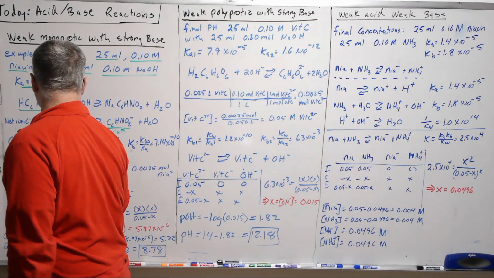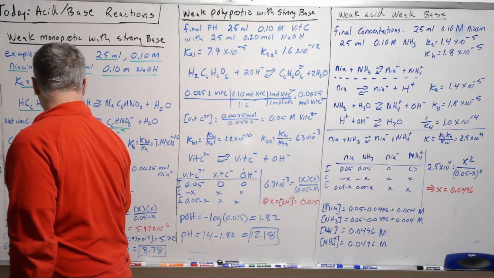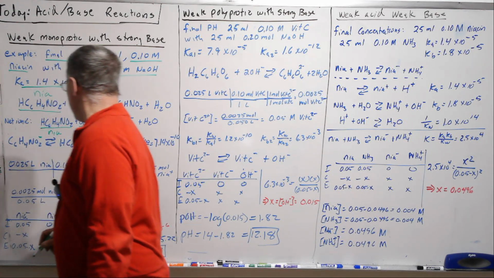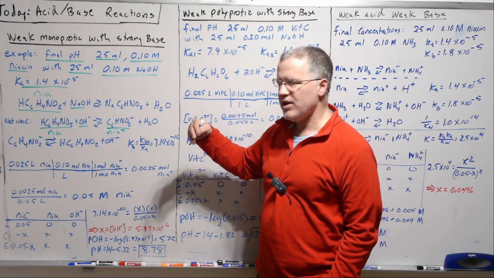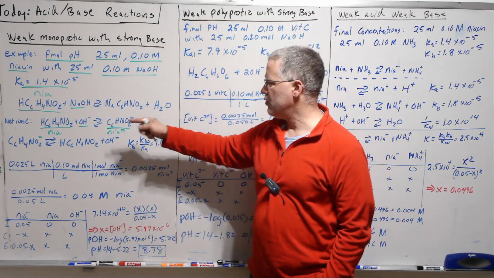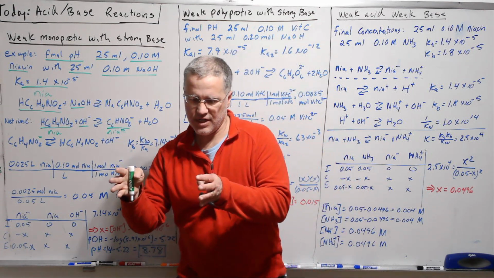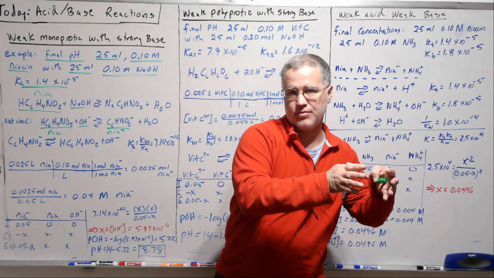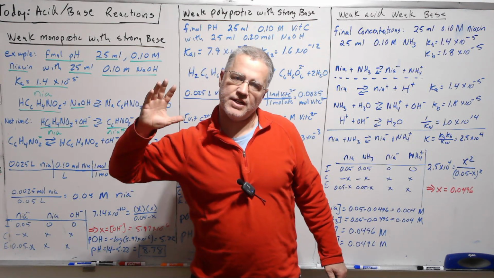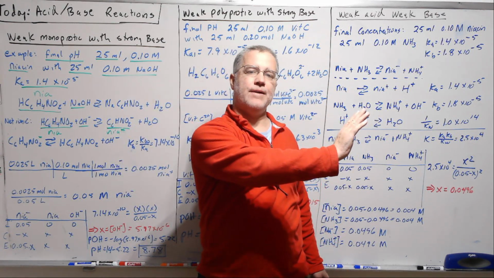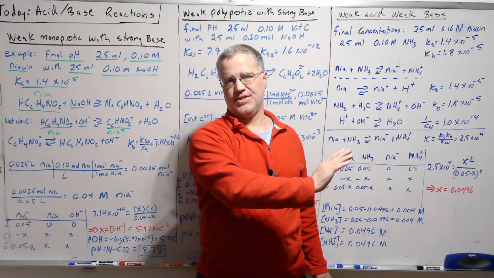So then what we do, and here's the strategy of this: we're going to say we have reacted completely with the base, right? So we're going to take our reaction past equilibrium, and then we're going to bring it back to equilibrium. So we're going to react every bit of base with acid.